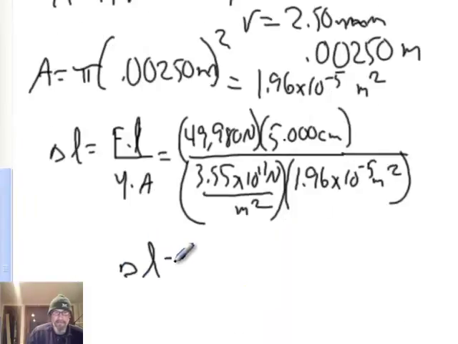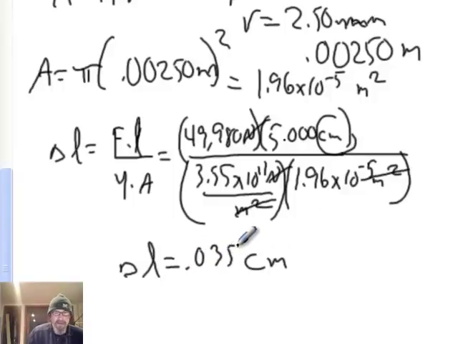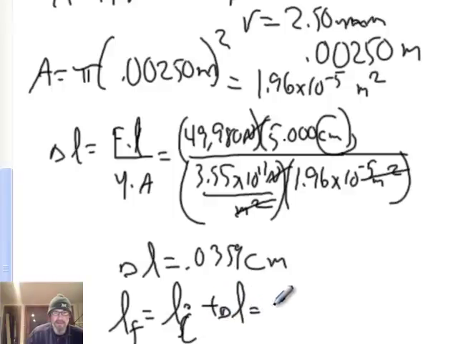So delta L, when we do all these calculations, it's going to have units of, newtons drop out, square meters drop out, it's just going to be centimeters because that's what we have for our original unit of length. And the answer is 0.0359 centimeters. So the length, which is what we're supposed to find, would be the initial length, starting length, plus the change in length.